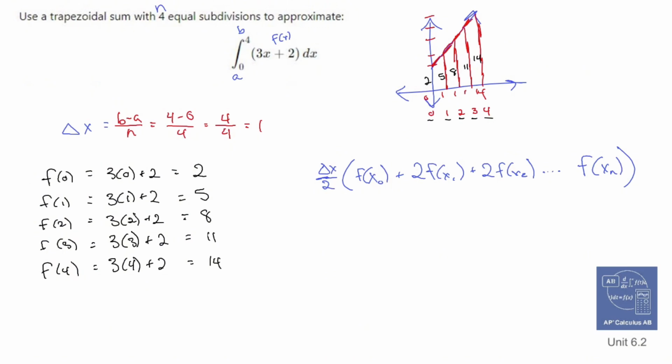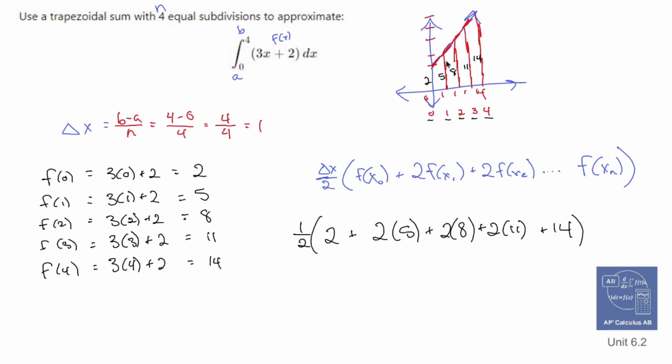Now, what this looks like in this case: since the change of x was 1, it is going to be 1 over 2, like I said. f of x sub 0 is me plugging in 0, which is 2, plus 2 times f of x sub 1, which is plugging in 1, so 2 times 5, plus 2 times 8, plus 2 times 11, and then the very last one doesn't get multiplied by 2, it's just 14.